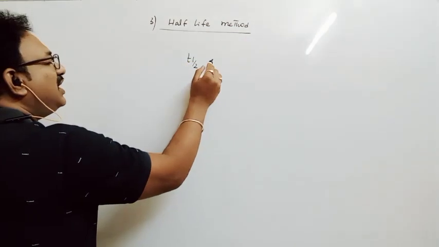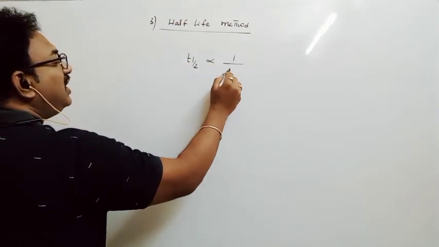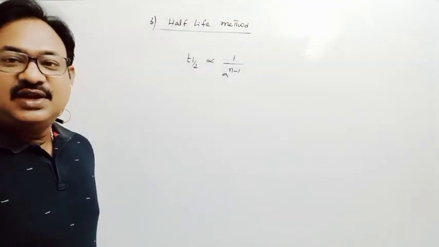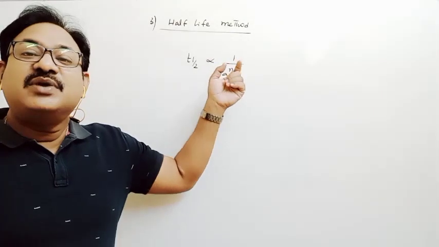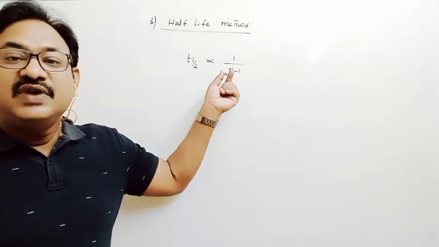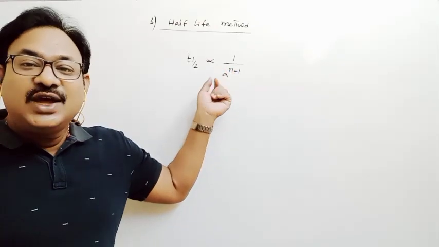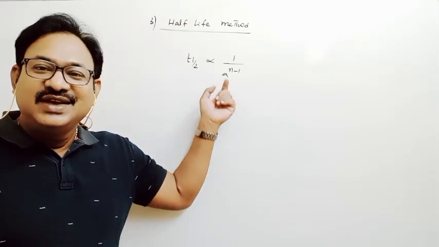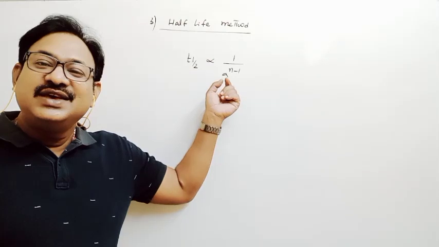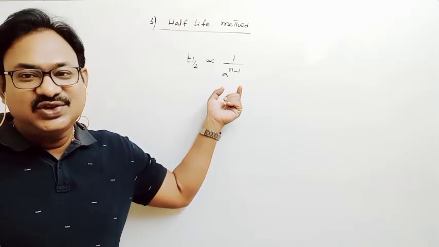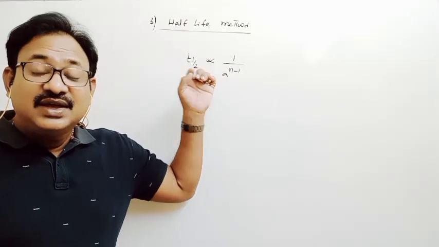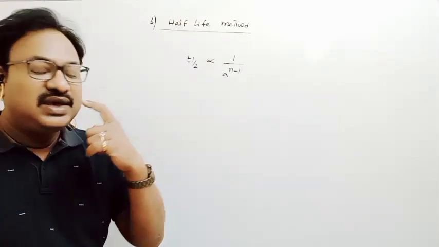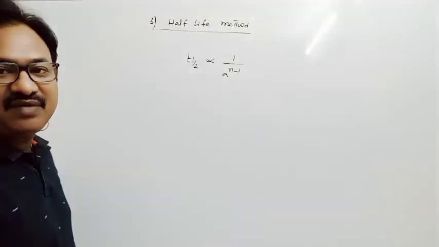Please remember, T half is inversely proportional to a power n minus 1, where n is the order. You can verify all the order reactions here. For n equal to 0, T half is directly proportional to a. For n equal to 1, T half is independent of initial concentration. Like that, all the order reactions coincide with this equation: T half is proportional to 1 by a power n minus 1, where n is the order of reaction.